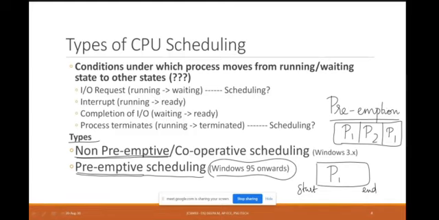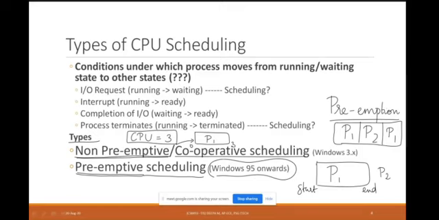Only after completing this process can my processor move to the next process, which means if I'm requesting a CPU time of say 3 seconds, in between this 3 seconds, I cannot allow another process to come and take the processor. Understood? So I have a CPU time of 3 seconds, and in between I am not going to allow any other process to come and interrupt. That is called non-preemptive or cooperative scheduling.